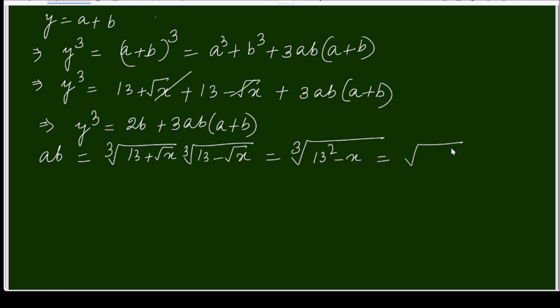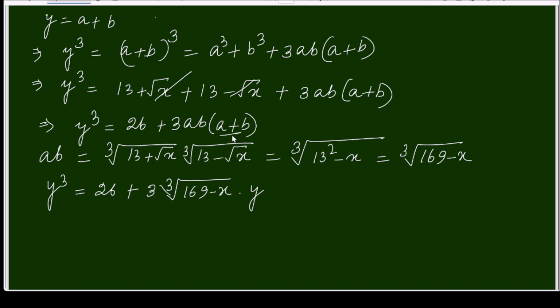That will be cube root of 169 minus x. So y cube is equal to 26 plus 3 times cube root of 169 minus x into y, because a plus b I have taken as y.